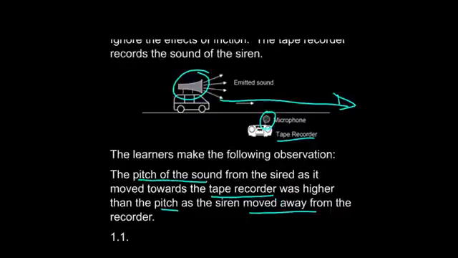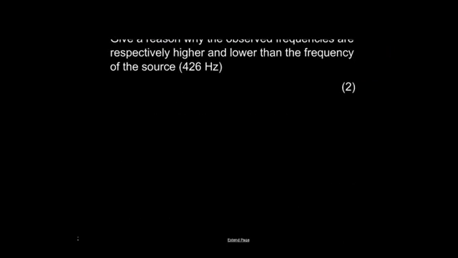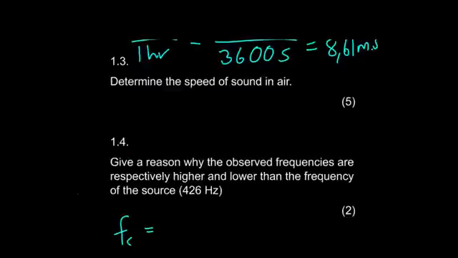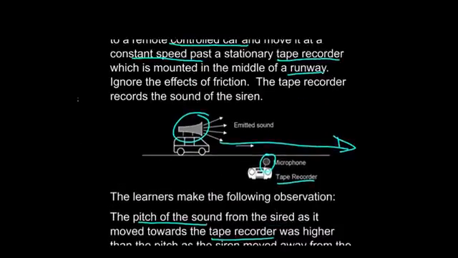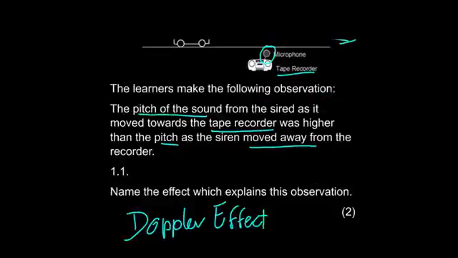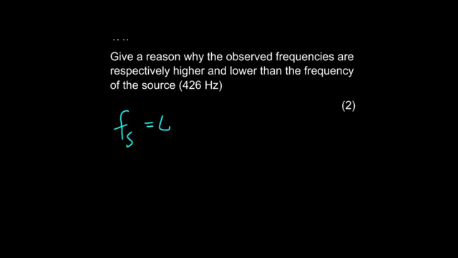So we know the frequency of the source. Look back there, right at the top, it was 426 hertz. Now, we need the frequency of the listener, of the observer.